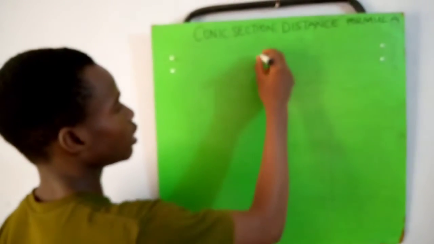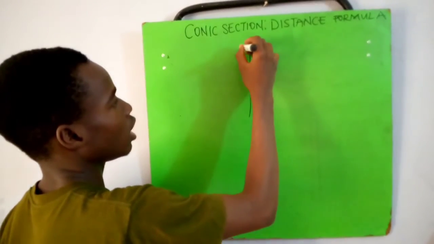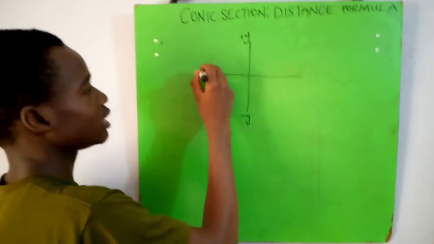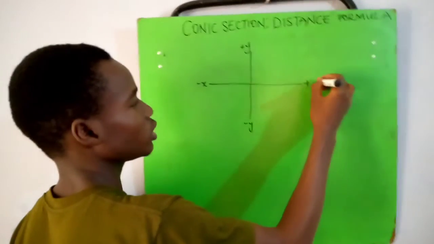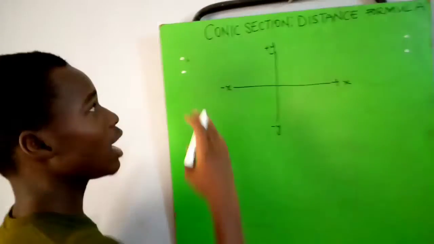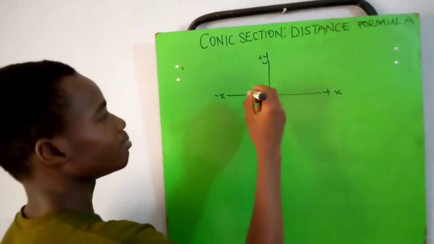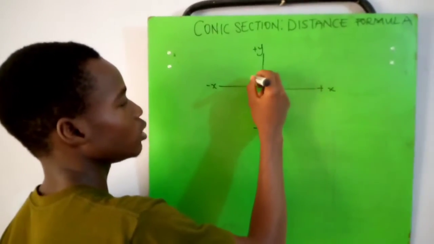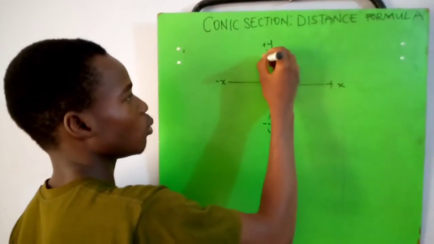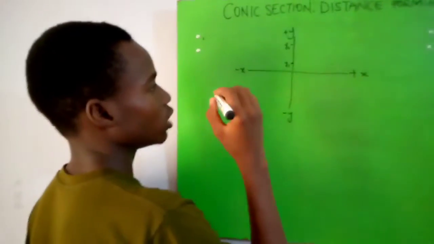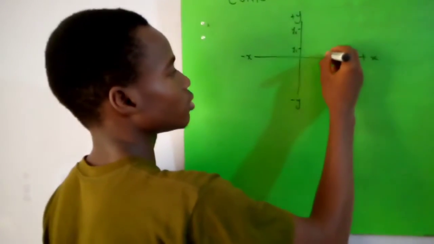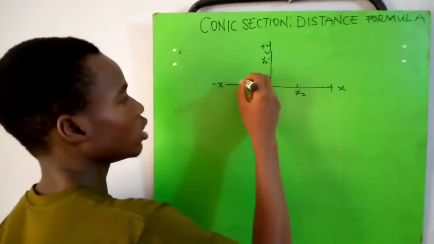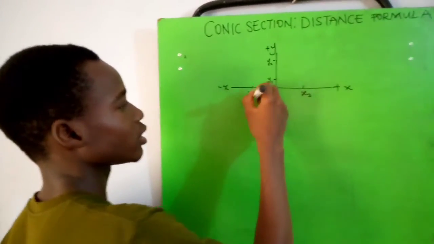So let's say we have our positive y-axis, and we have our negative y-axis. These are our negative x-axis, and we have our positive x-axis here. So right now, let's say we have here to be y1, here to be y2, and we have here to be x2, and here to be x1.